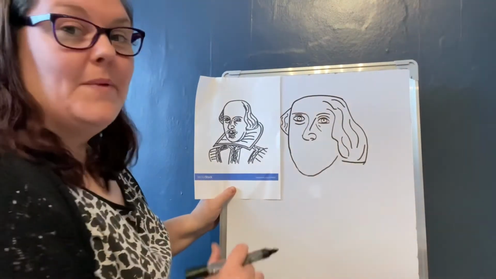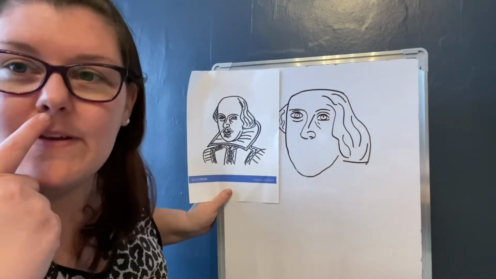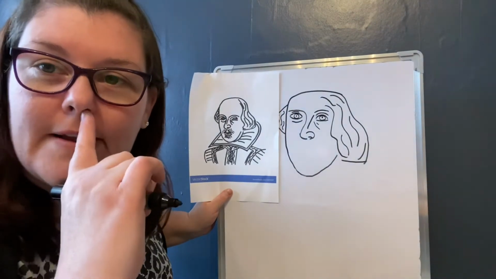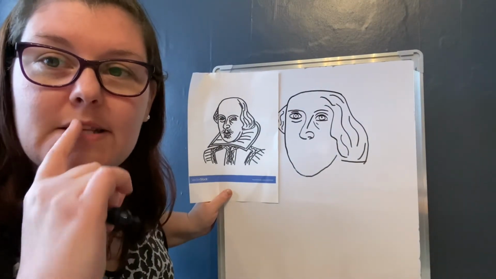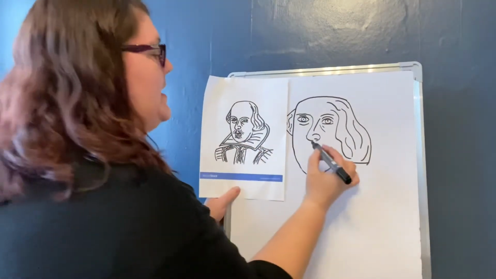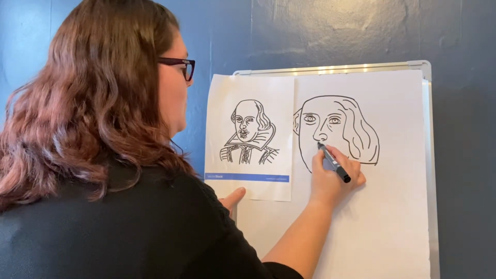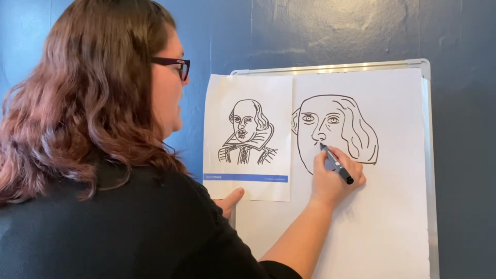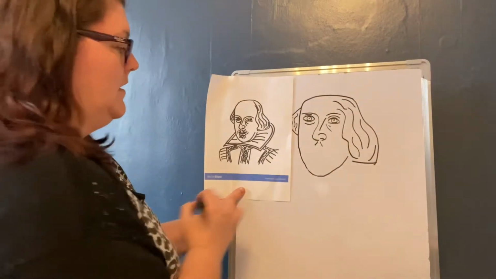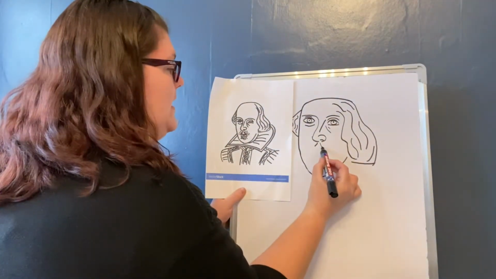Okay, now we're going to do the lip. So if you see here, I've got a line coming down from my nostril to my lip. So we're going to do that bit now. So there's one here and one here. And then we're going to draw in his lips.